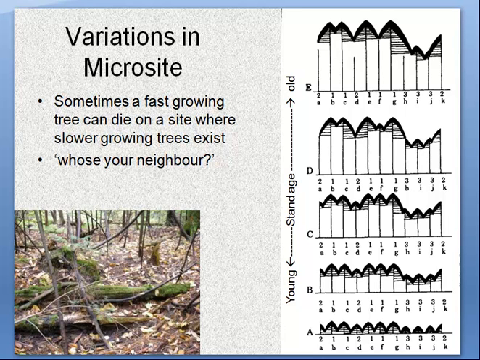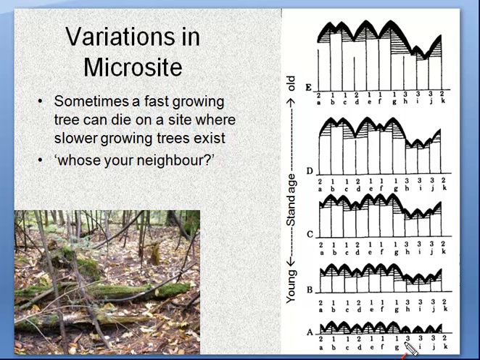I love these little diagrams from the book Forest Stand Dynamics because they really give you a good idea of how forests grow. So sometimes a fast-growing tree can die on a site where slower-growing trees exist. Who's your neighbor? A lot of people think, oh, it's a faster-growing tree, it will survive. Well, that's only true if you have somebody slow growing beside you.